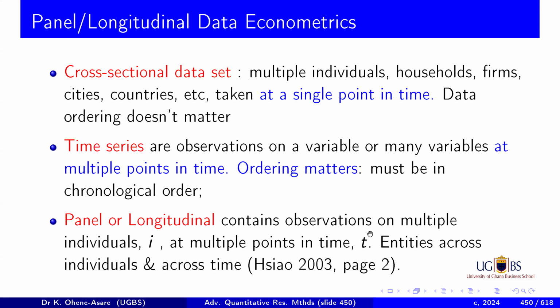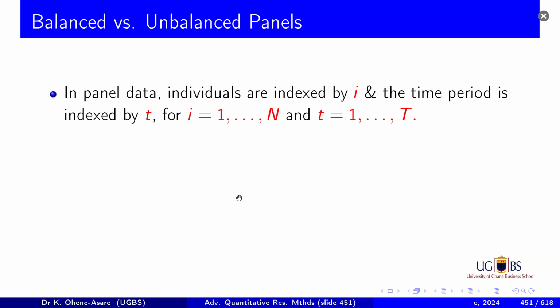Multiple I over multiple T. So you can look at banks across different time, not the previous one when you were looking at banks at a time. By looking at banks' profit, banks' losses, banks' assets, banks' loans, all of it for different banks across different times. And this is said to be one of the powerful data sets that one can have.